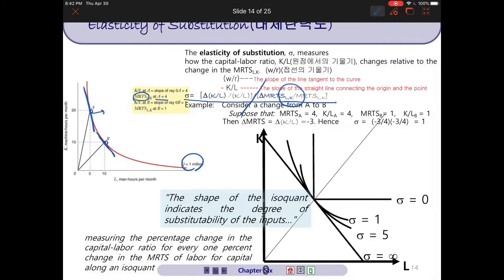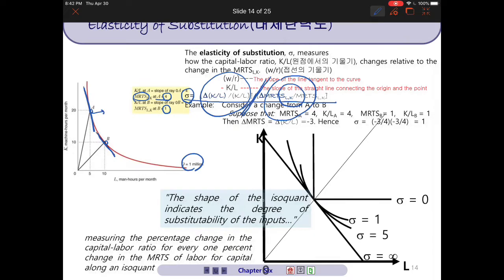MRTS at A we define as 4, MRTS at B we define as 1. For a 1% change in MRTS, how many percentage points of change in the capital-labor ratio occur? Measuring that, we denote it by sigma, which is called the elasticity of substitution.